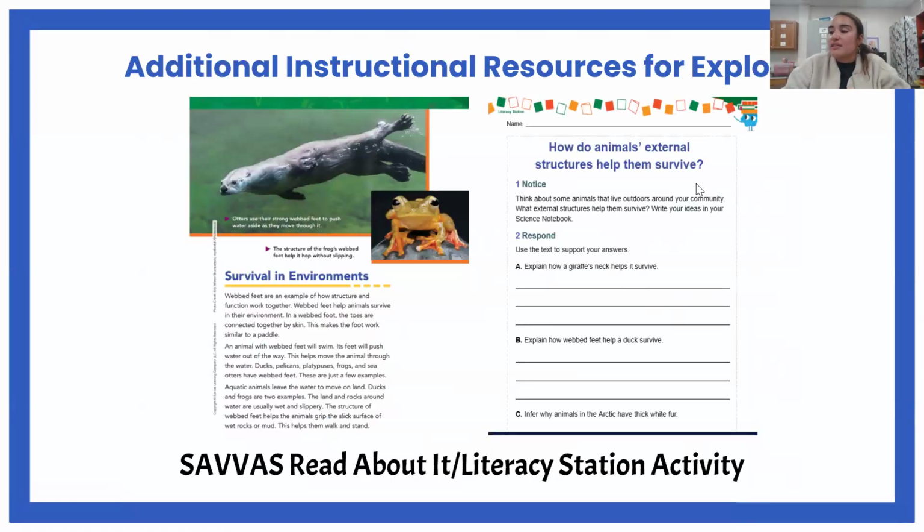There are the Savvas Read About It and Literacy Station activities in the student consumable books, and you can also assign the Read About It to students on the Savvas digital platform. I know someone mentioned in the chat it's important for them to see a lot of different types of animals and structures, so this is great for pictures of additional animals as well.